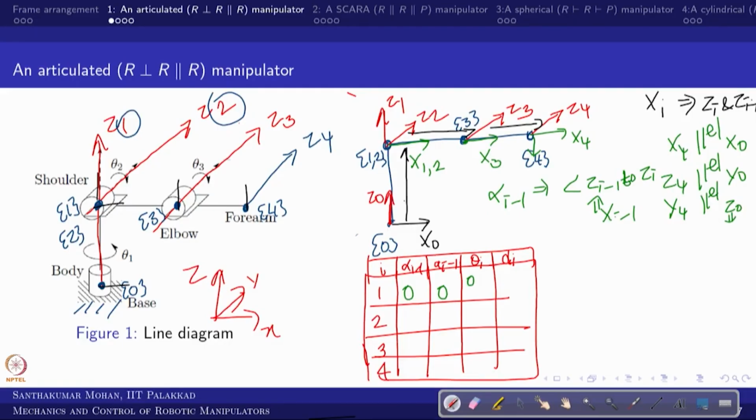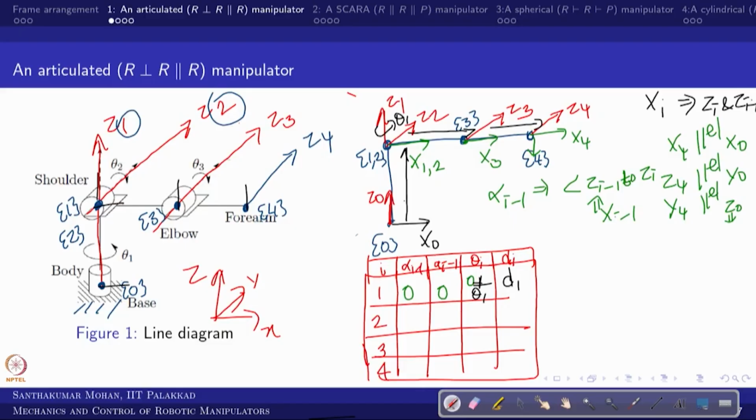But this is one of the active joints, which can have theta 1, in the sense 0 plus theta 1. So the distance between the 0th frame and the first frame along z1 is the joint distance, that is d1, right. So now you have some idea of how to find the DH parameters.